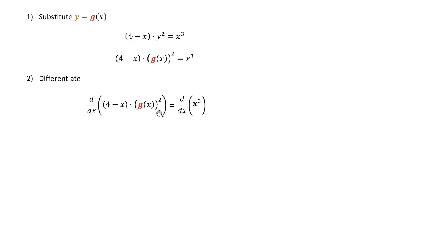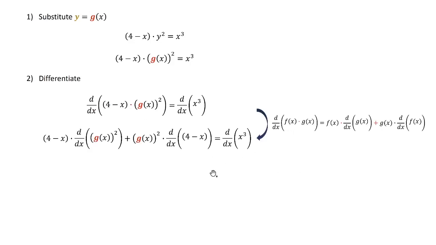What is the only possible rule I can use here? Now, of course, you could distribute this, whatever. I mean, it looks like the product rule, right? So it looks like I'm going to use the product rule here. And that's, in fact, what I did, right? I'm just going to use the product rule. So first times the derivative of this plus this times the derivative of this. So again, you're breaking the problem down into two easier problems. Now you can see this is pretty easy to deal with.